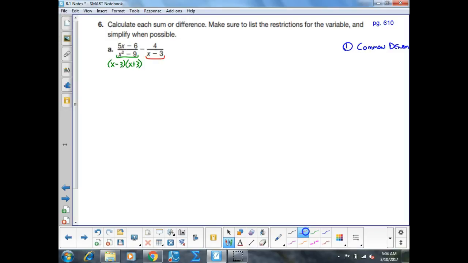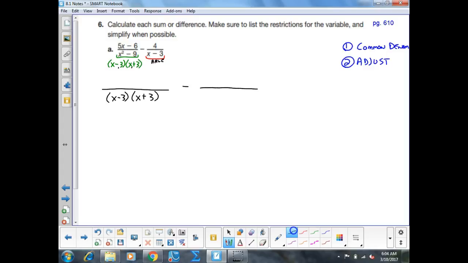Okay, so from yesterday, step number 2 then was we adjusted to fit the common denominator. Well, our common denominator now is going to be, I need an x minus 3 and I need an x plus 3 from the left fraction. I already have an x minus 3, so I'm good there.